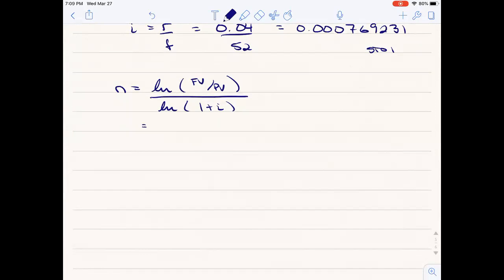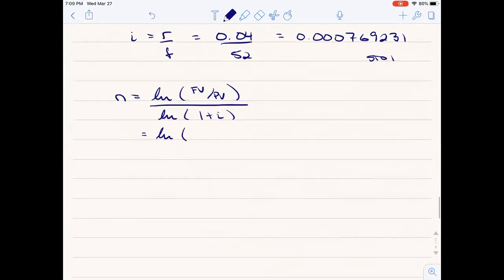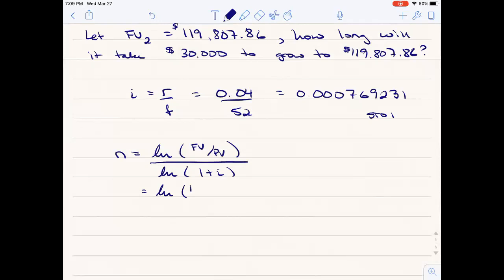So then we've got the log of the future value, which was 119,807.86 divided by 30,000, over the log of 1 plus 0.000769231.